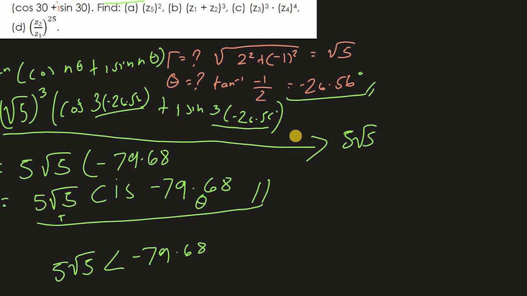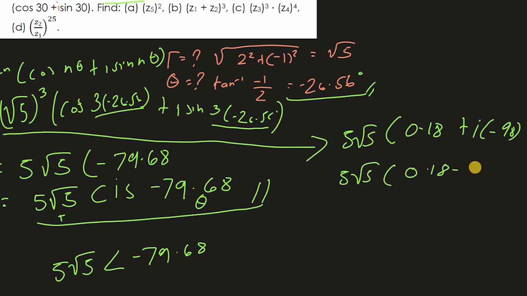Ang value niyan guys, let's approximate it 0.18 plus I, ano yung sign ng negative 79.68, is negative 0.98. So, 5 square root of 5, 0.18 minus 0.98 I. So, i-distribute lang natin to dito para makuha yung rectangular form niya.